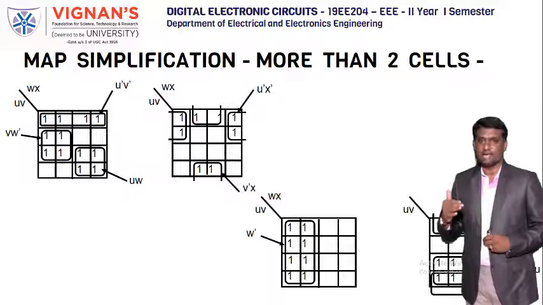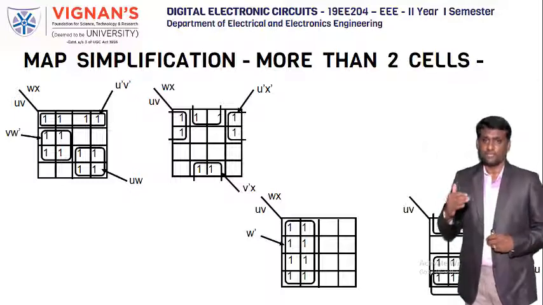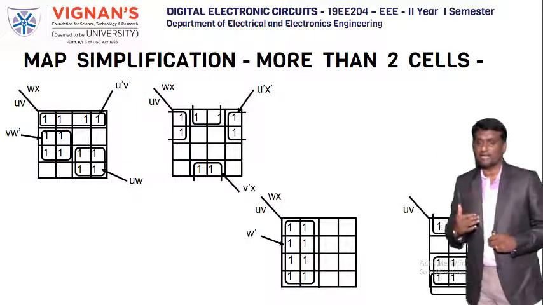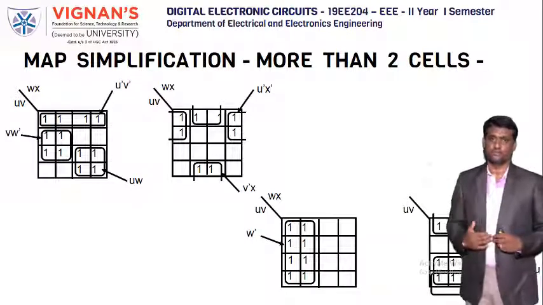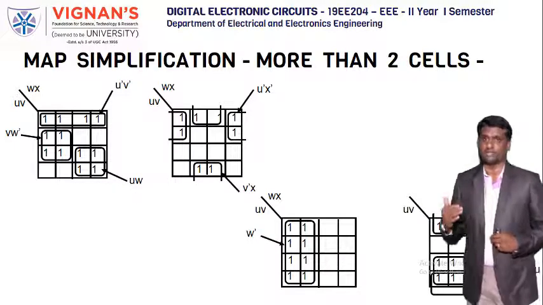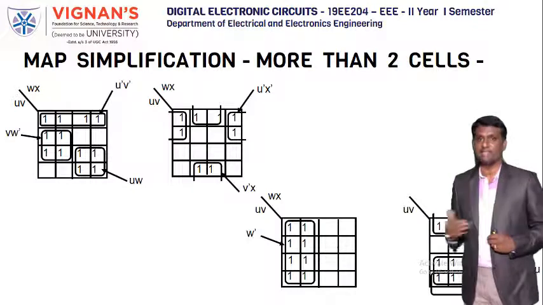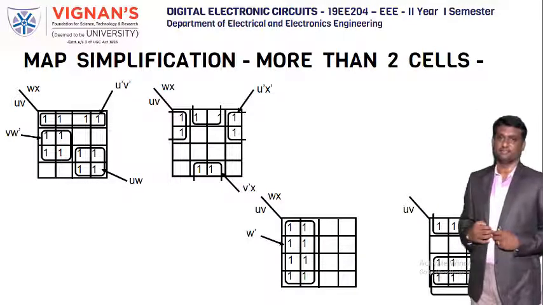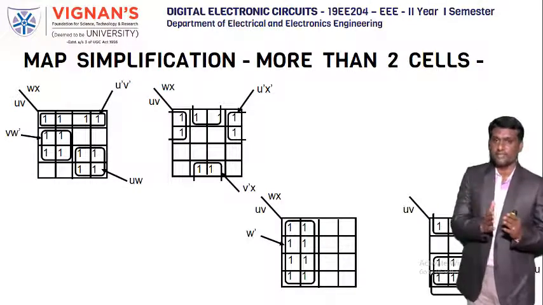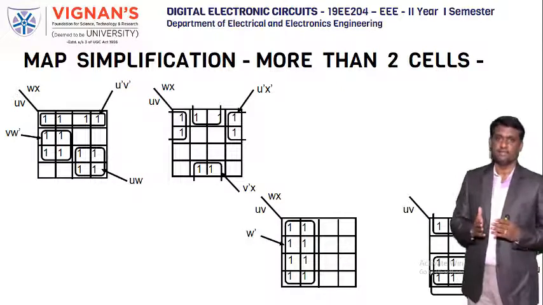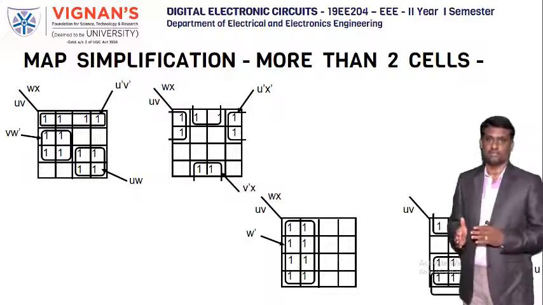That means second column, first 2 ones, and third column, first 2 ones. Second column, first 2 ones, and third column, first 2 ones are adjacent to each other. So that we can group as one cell.